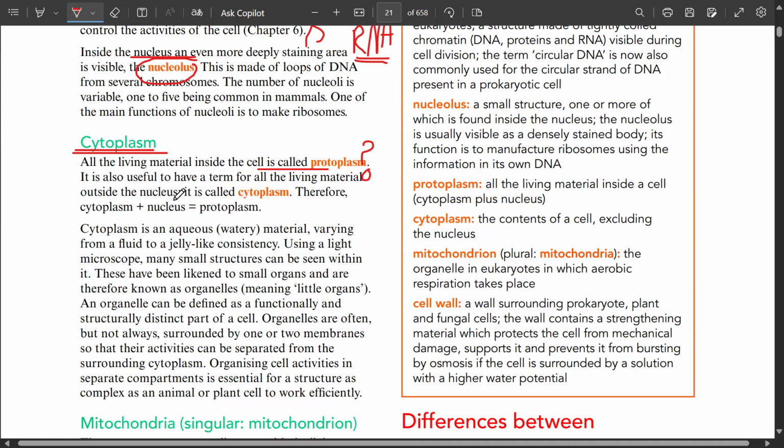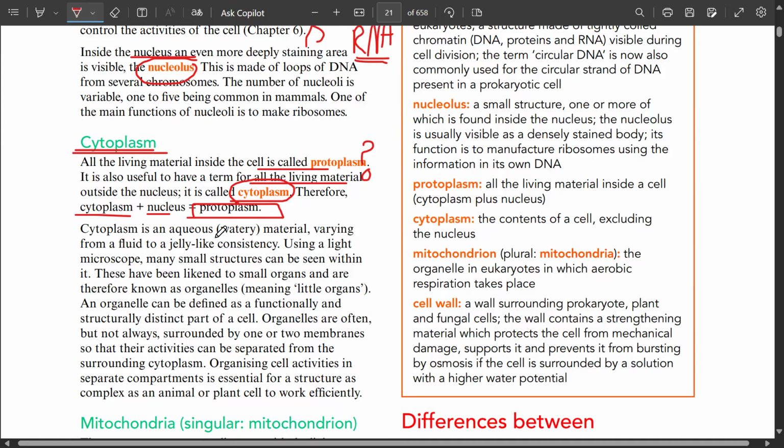It is also useful to have a term for all the living material outside the nucleus. We call it cytoplasm. Therefore, the cytoplasm plus nucleus makes the protoplasm. Protoplasm is everything inside the cell. It contains cytoplasm, and cytoplasm contains all the organelles. In total, whatever is present inside the cell is known as protoplasm: all organelles, the whole cytoplasm, the whole nucleus, everything.